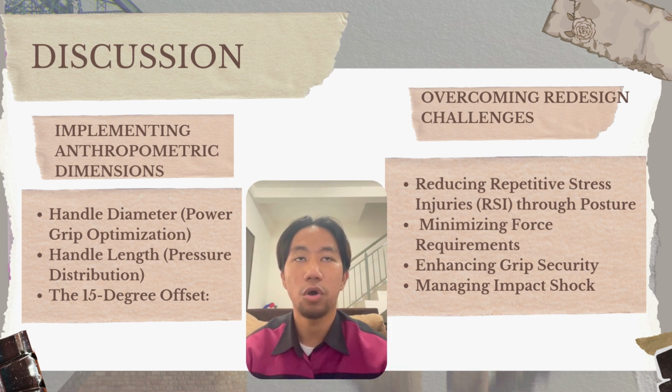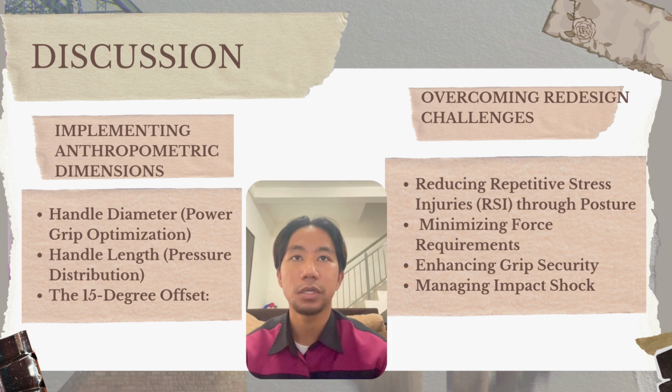And then for overcoming redesign challenges, we have four. That is reducing repetitive stress injuries, RSI, through posture. The second is minimizing force requirements, then enhancing grip security, and lastly managing impact shock.